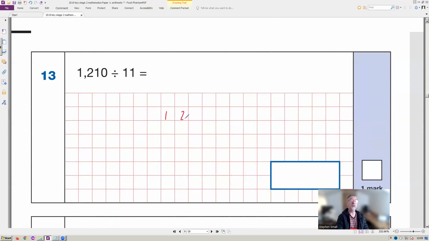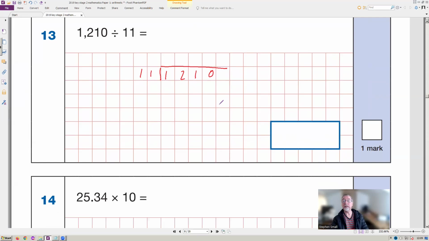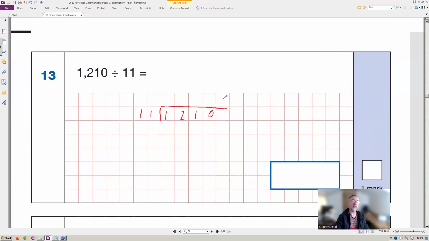1, 2, 1, 0, divide by 11. Can we do this short division? I think, how many marks, oh, it's 1 mark, so they're expecting short division for this.